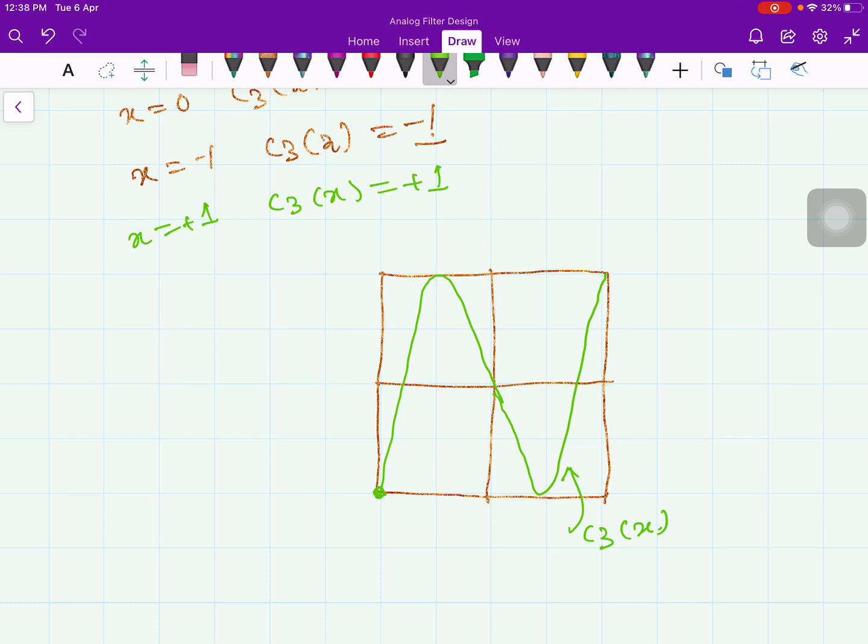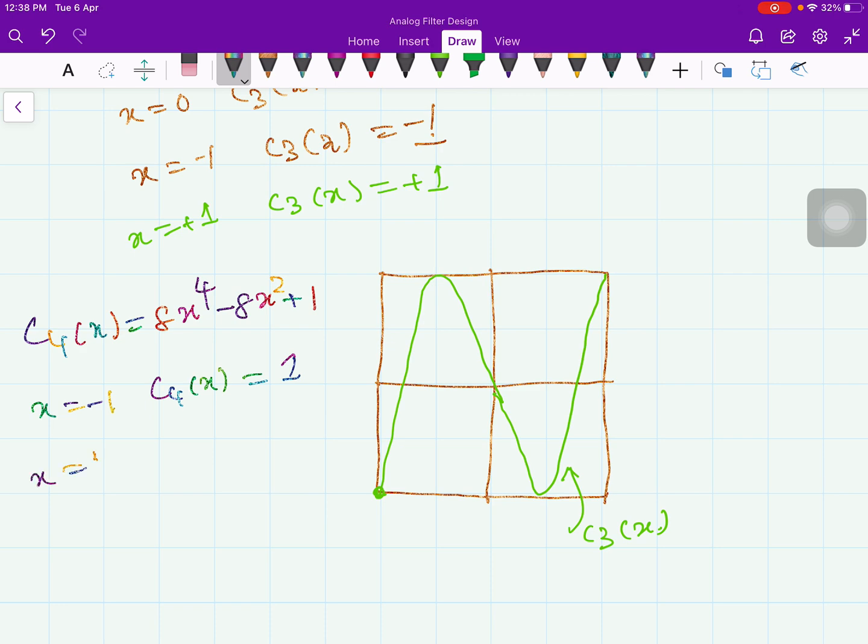Similarly, C4 of x is 8x to the 4 minus 8x squared plus 1. When x equal to minus 1, then C4 of x is plus 1. When x equal to 0, then C4 of 0 is 1.